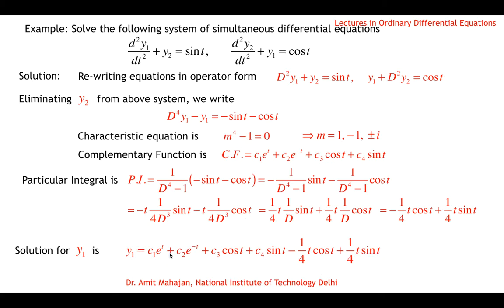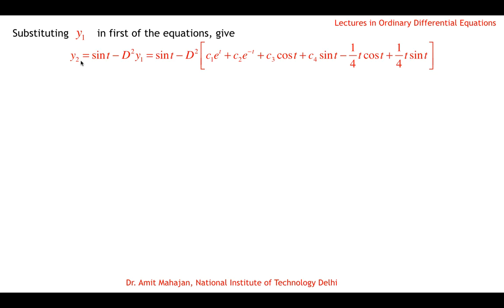Then we have to find y2, and again from the first equation it is easy. y2 is sin t minus D² of y1, the second derivative of y1. So we substitute y1 in this first equation, and we calculate y2 as sin t minus the second derivative of y1. We just need to calculate two derivatives of each term by linearity: the second derivative of this plus the second derivative of this, and so on.